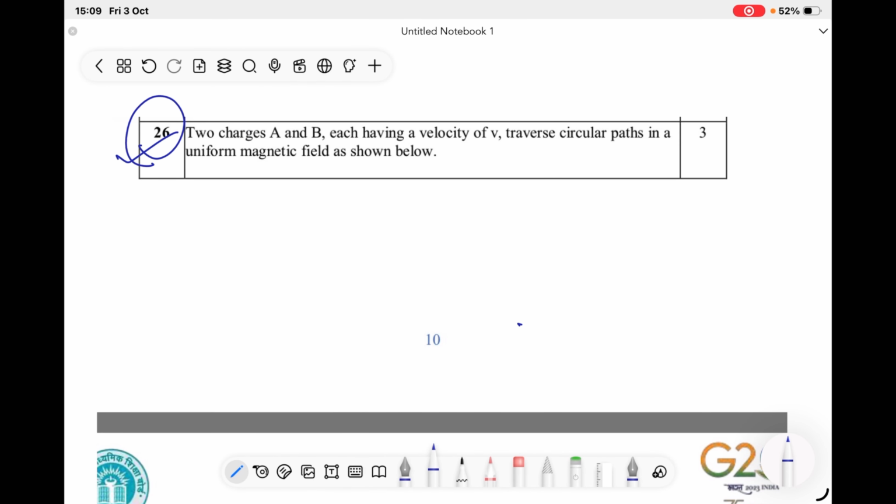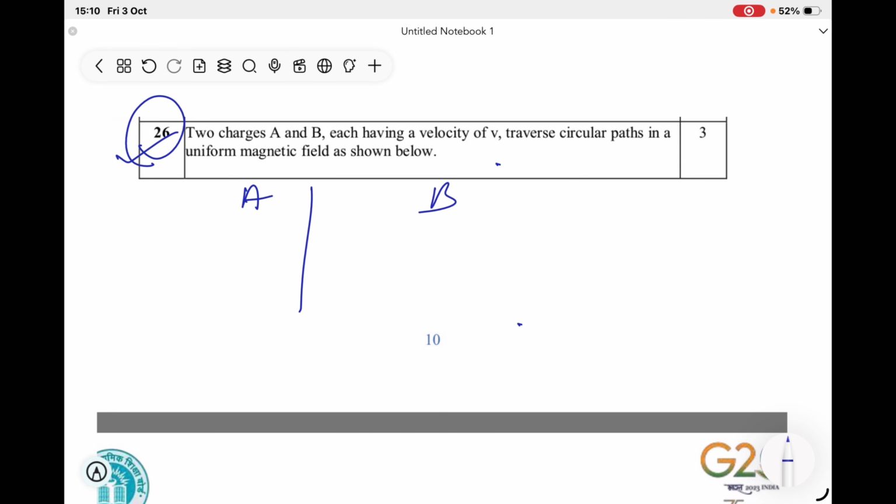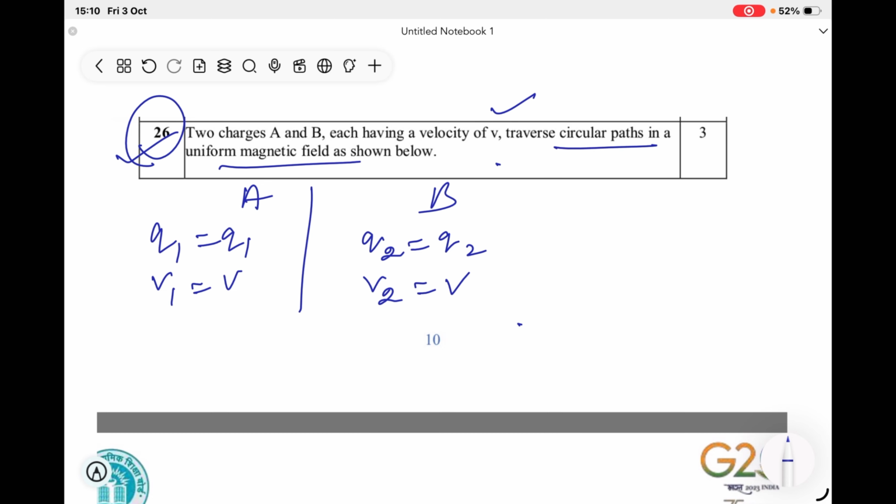This is question number 26. Two charges A and B. So charge A and charge B, you can write it as Q1. Velocity is V, each having velocity V. The charge is different, but velocity is same. Traverse circular path in a uniform magnetic field, so magnetic field is also same.